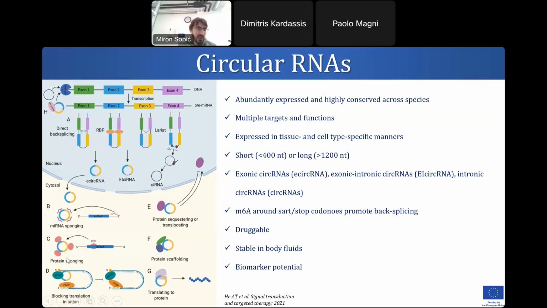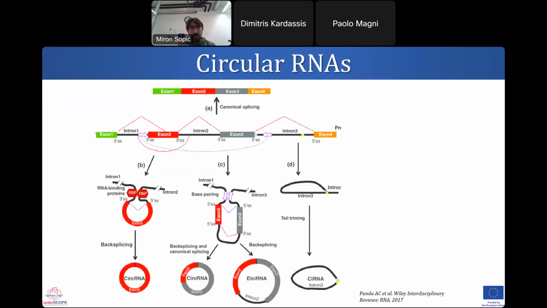But there are other functions like protein sponging, blocking translation, protein sequestering, scaffolding. They can also go back within the nucleus and regulate on the transcriptional level, the process of transcription of certain genes. So again, many different functions.